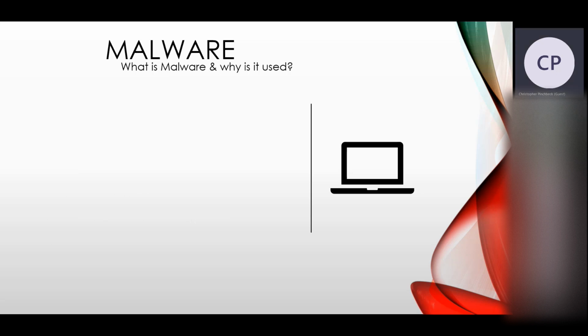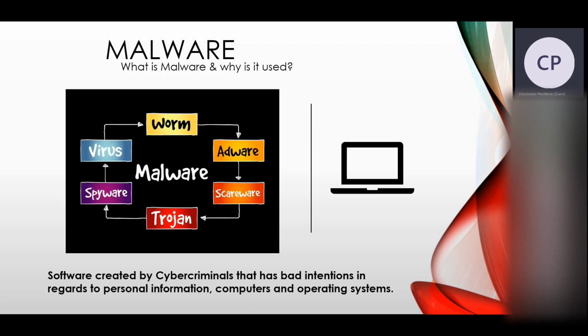So firstly, we'll just cover what malware is and why it is used. It can be defined as software created by cyber criminals with bad intentions in regards to personal information, computers and operating systems. As you can see here, malware isn't just one thing, there are multiple different types of malware.